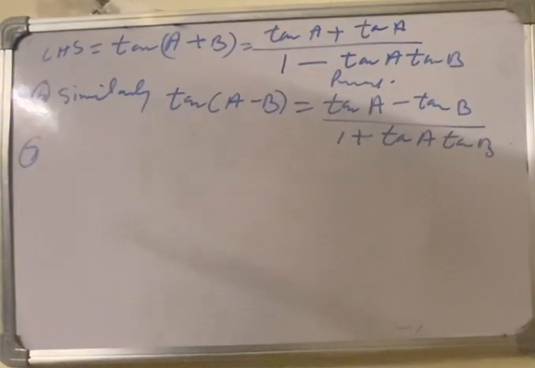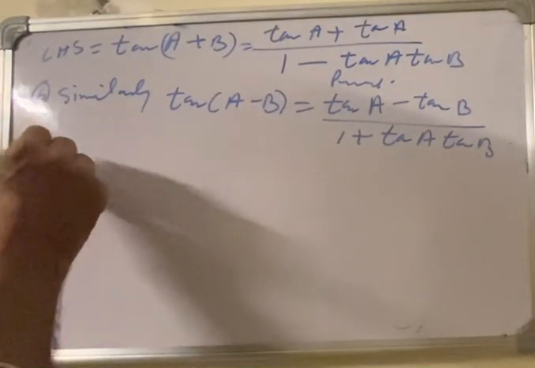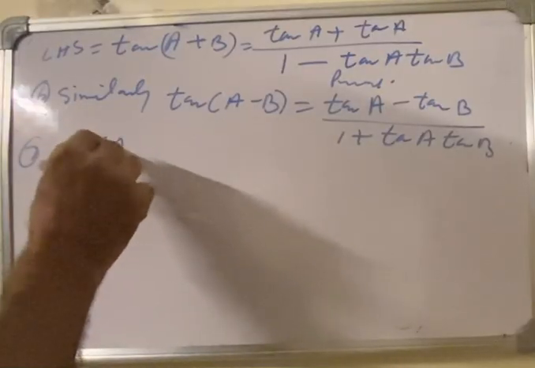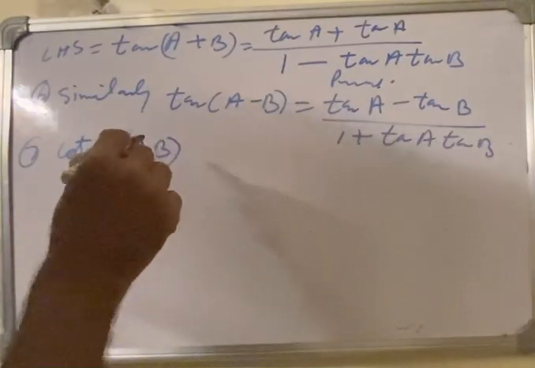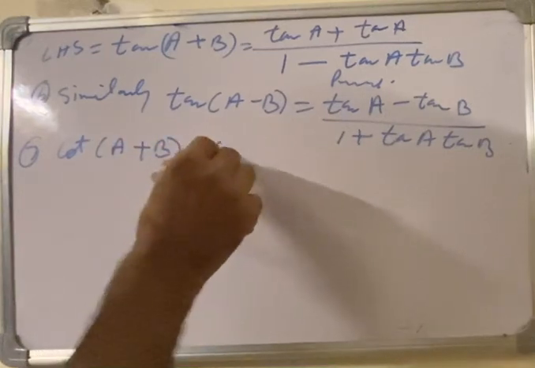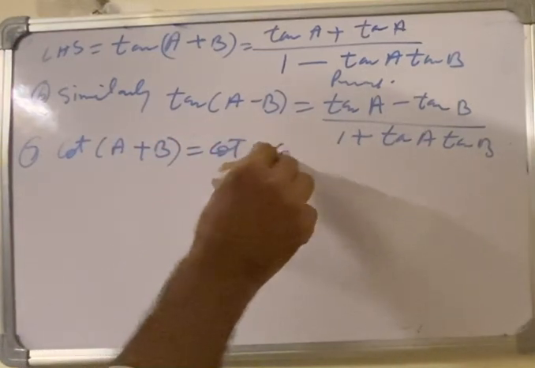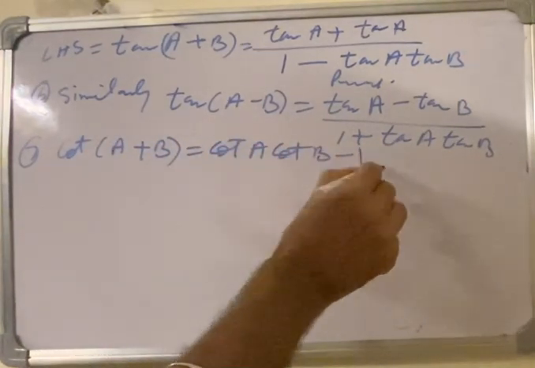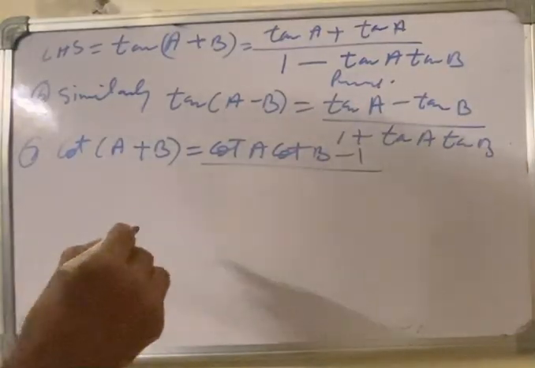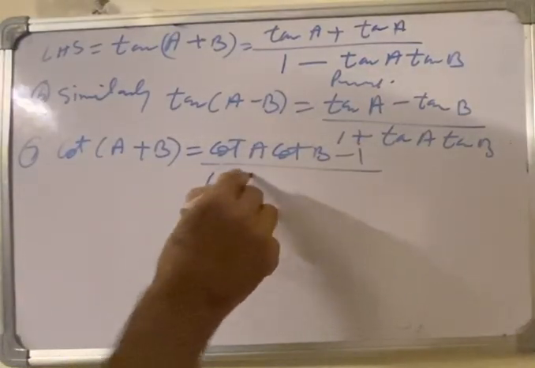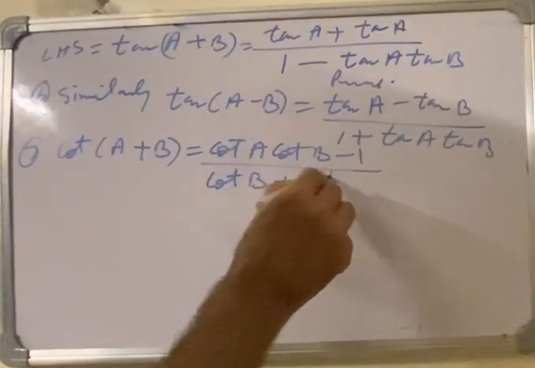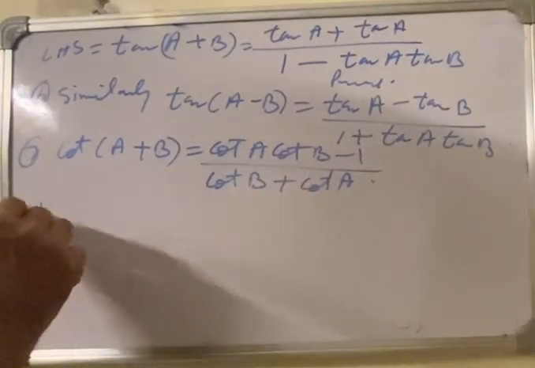First of all, we take cotangent of sum. Cot A plus B is equal to cot A cot B minus 1 over cot B plus cot A. We can prove this.